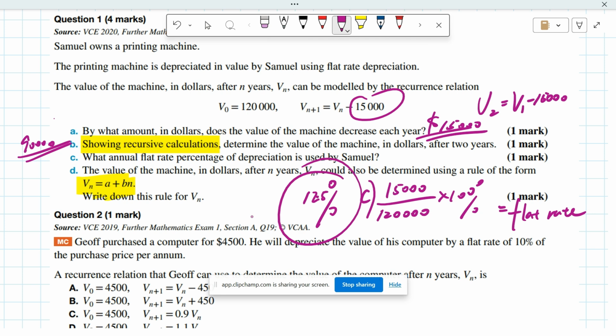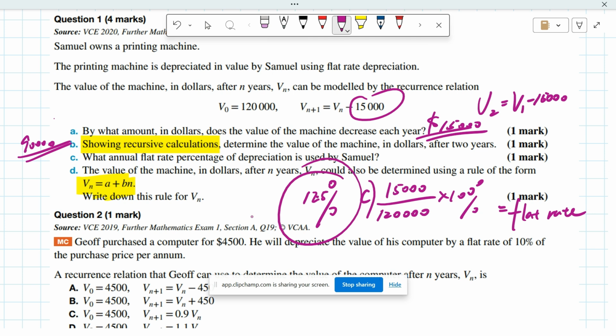And the value of the machine in dollars is also of the form A plus Bn. So we're using a different form now. What we could do is just use Vn equals A plus Bn.